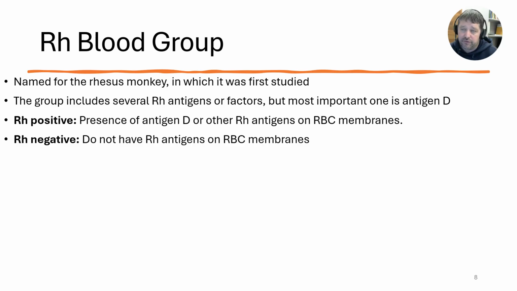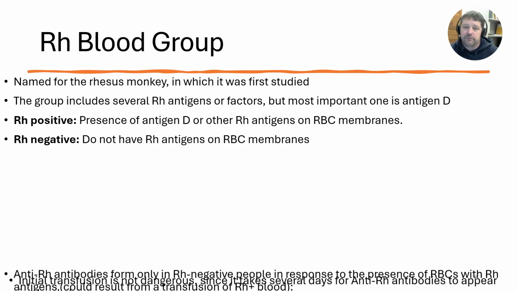There are a few different types, but that means you would have an RH antigen present, or you're RH negative, which means you do not have an RH antigen present on your red blood cells. Okay, so it's just another component. So instead of antigen A, antigen B, now it's RH antigen positive or none.